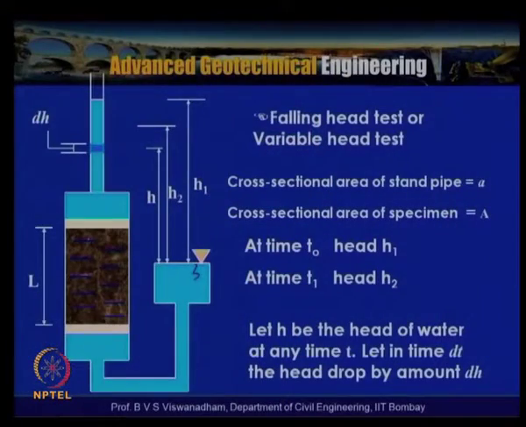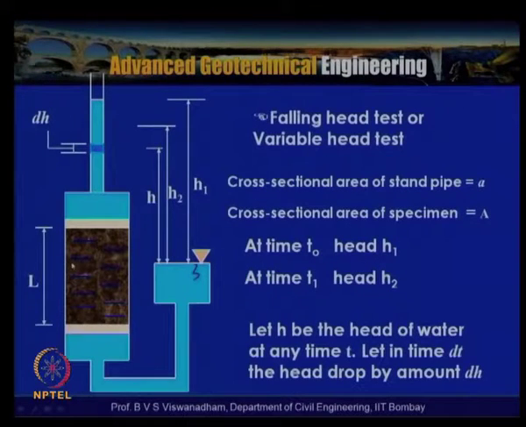In this particular slide, the setup for the falling head test or variable head test is shown. Here, because the amount of water flowing through the soil is less, a standpipe having a very small cross section area is provided on top.